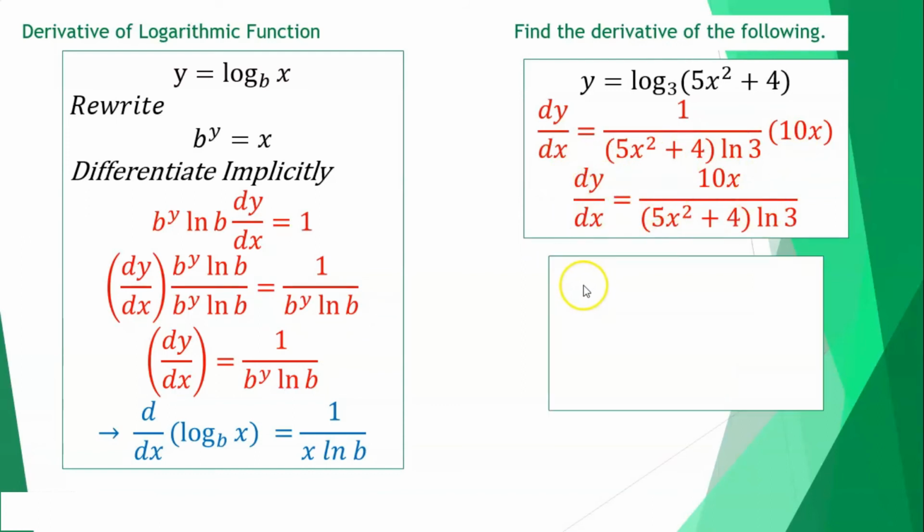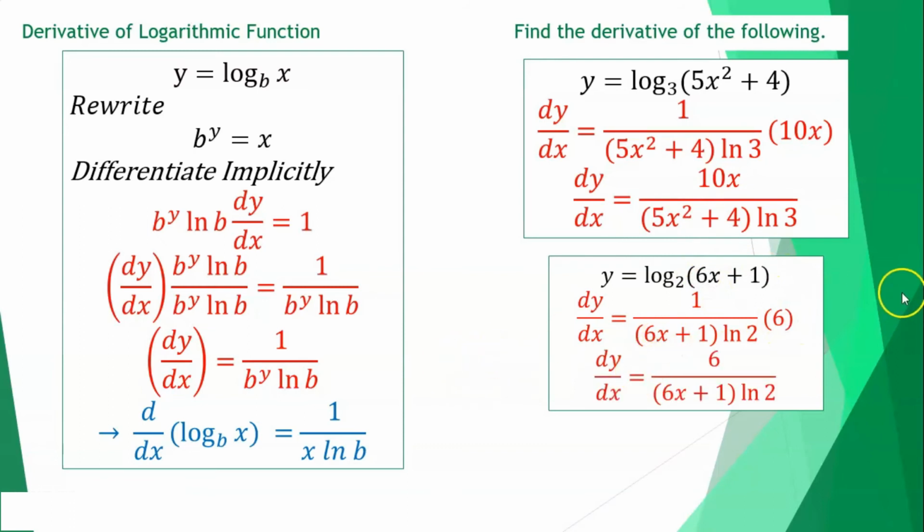Okay, another. y is equal to the logarithm of 6x plus 1 to the base of 2. Again, dy/dx is 1 over 6x plus 1, natural log of the base, which is 2. Now, the derivative of 6x plus 1 is 6. Simplifying further, this is our final answer.